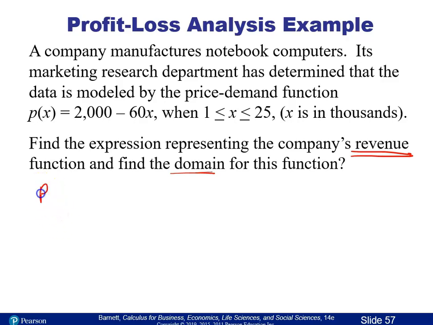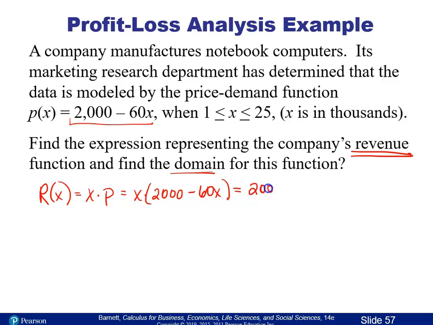Okay, so revenue, we've said, is the number of units times the price we sell them for. Okay, so that's going to be X. In the place of the price, we're going to substitute this model that we've come up with.